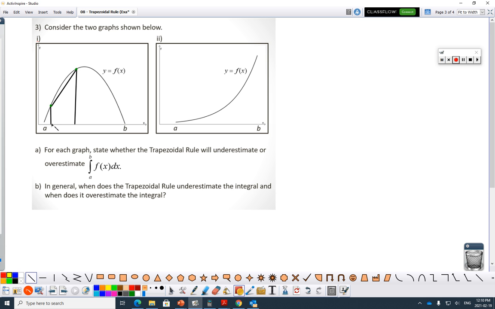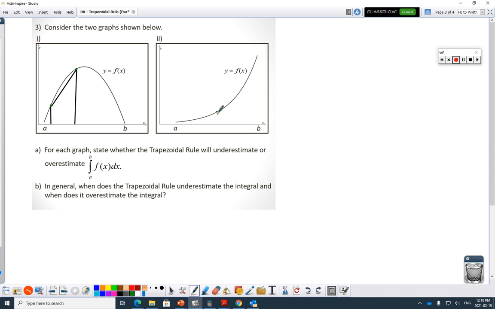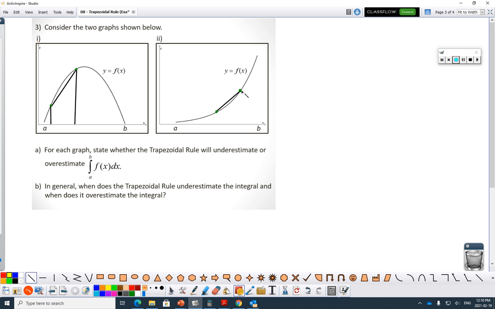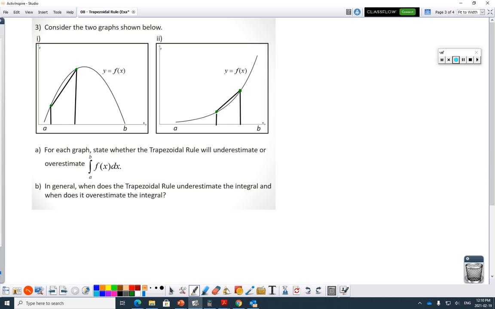And then if I draw a trapezoid over here, and I hope it's clear from your desk exactly what's happening, that trapezoid overestimates. Under. Over.